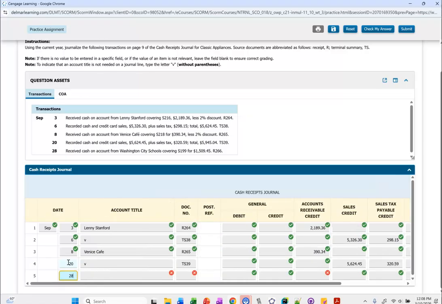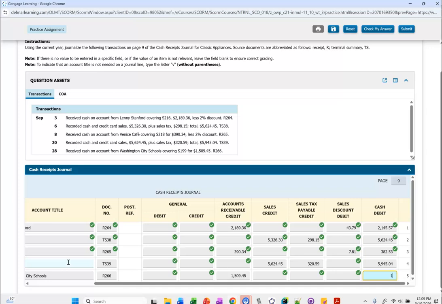And then our last transaction on the 28th. Again, we got cash on account from Washington Schools. There's our account title. That was receipt 266, so R266. We canceled out $1,509.45 in debt. They did not get any discount.